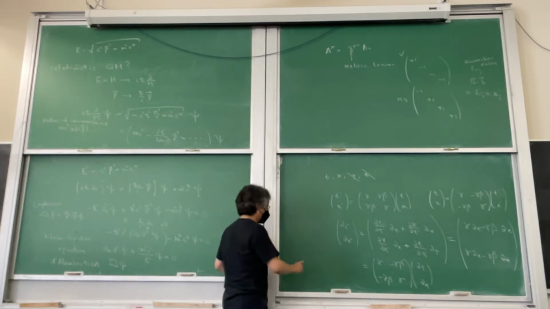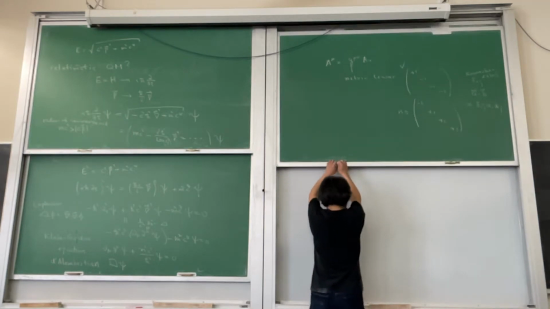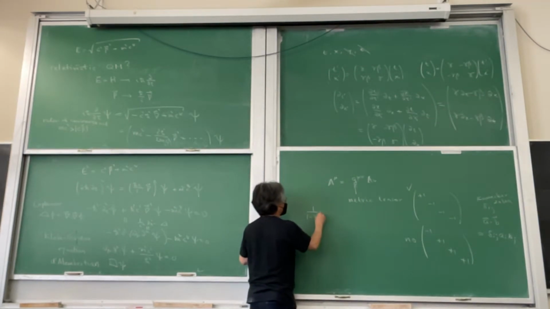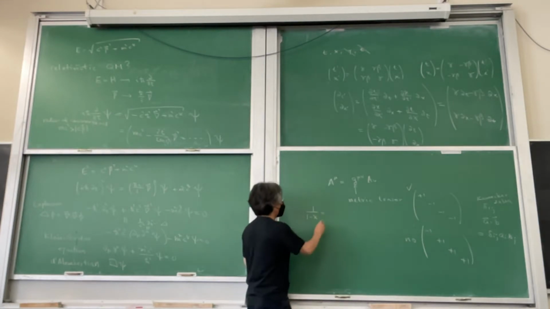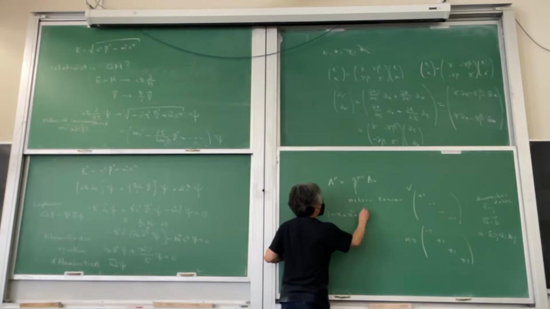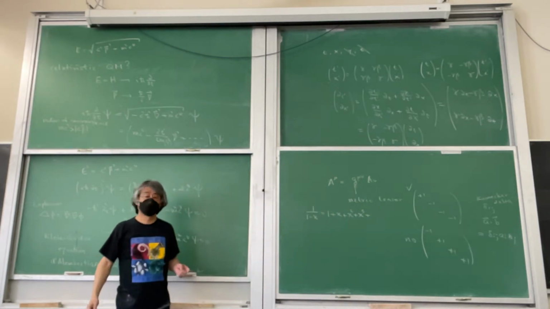So, for example, if you just look at this function, 1 over 1 minus x, the Taylor expansion of this is this geometric series that keeps going.